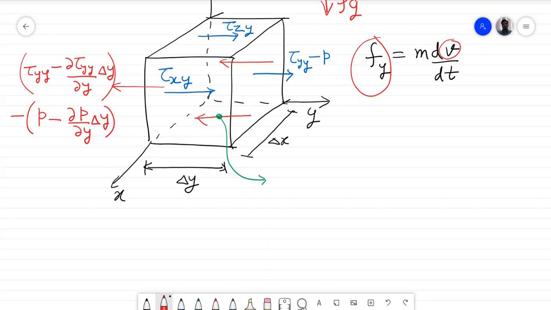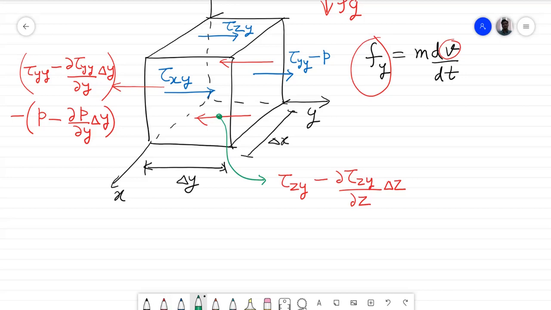So the Taylor series expansion will give tau zy minus dou tau zy by dou z delta z.